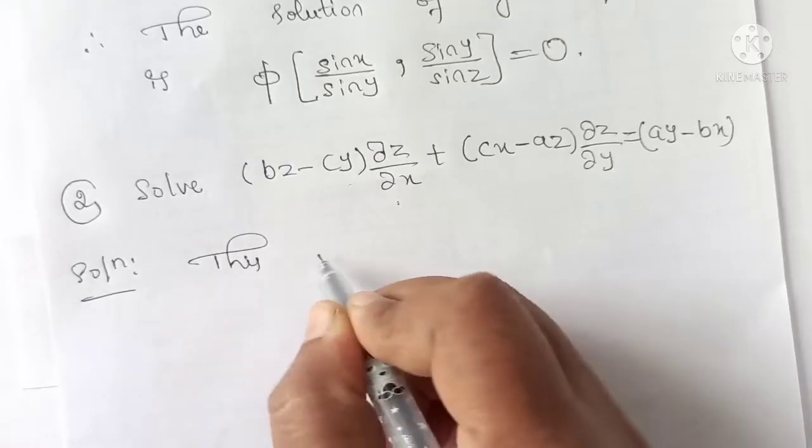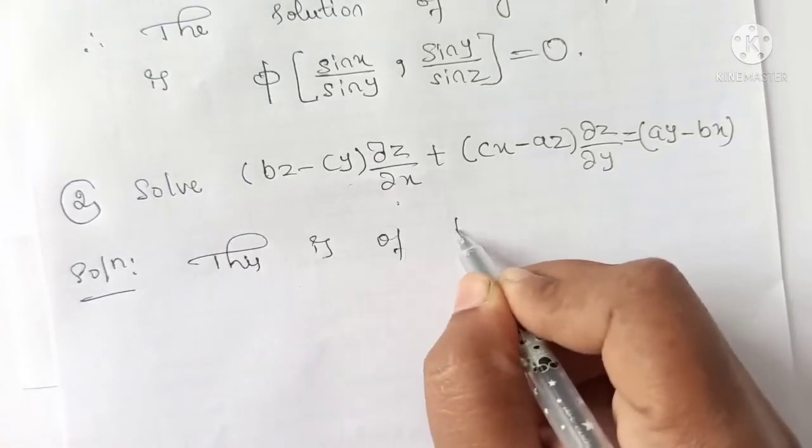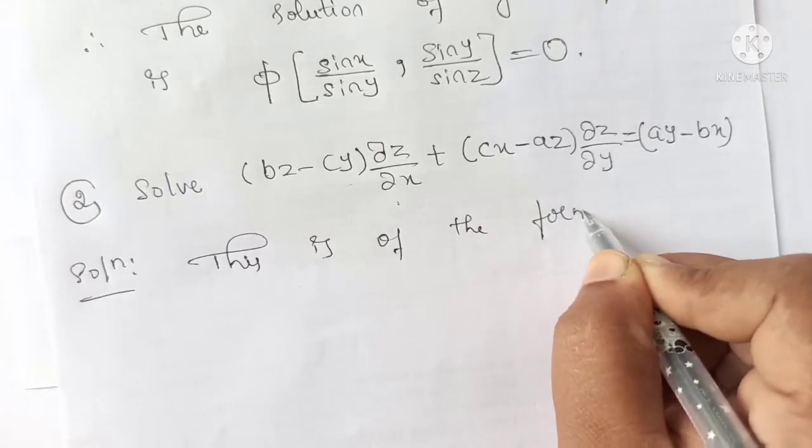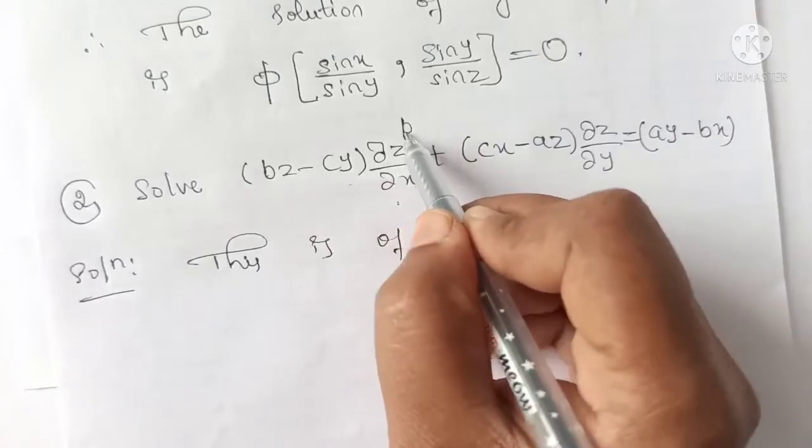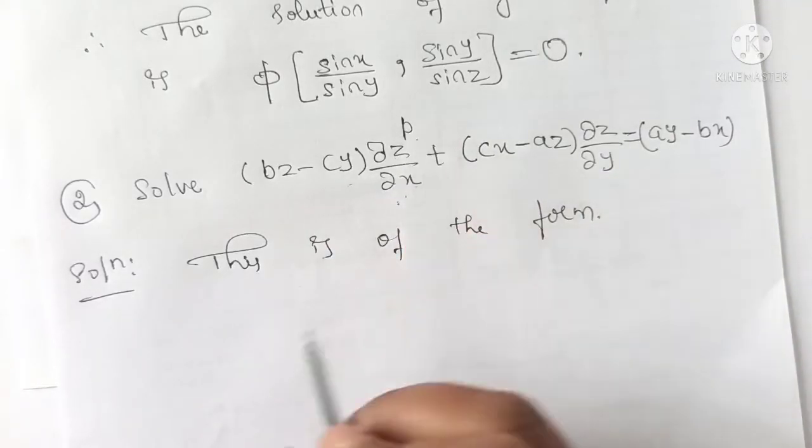In the exam they may write dou z by dou x or p also. Dou z by dou x is nothing but p.